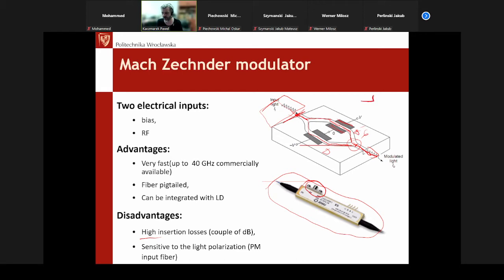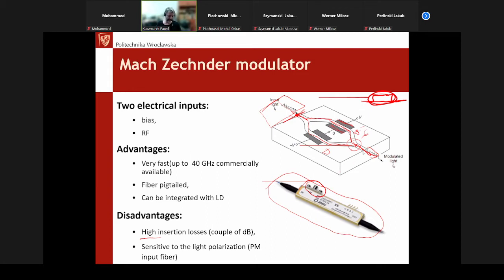You remember, it is some rectangular structure. So you can imagine the mode field in such a structure is somehow elliptical, and you cannot couple such a mode into, let's say, a cylindrical fiber without significant losses. So a couple of dB losses we have on such a structure.